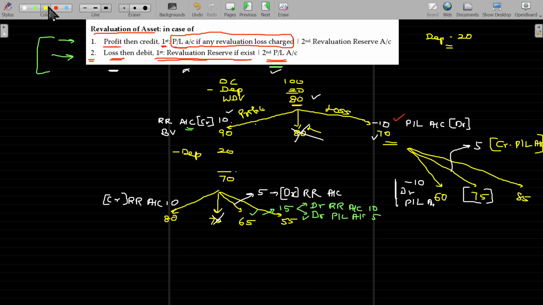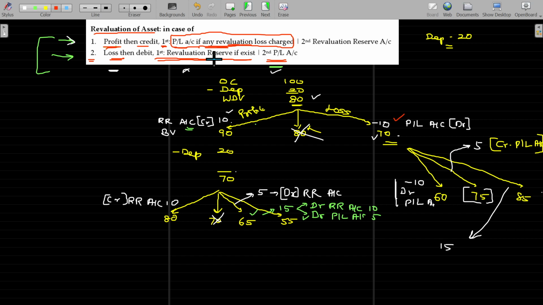Then, if it is being 85, how much is the gain in this case? It was 70, but today it's worth rupees 85. So the gain being 15. When there is a gain, go for applying this rule. When there is a gain, profit, then credit which account? First, the profit and loss account if any revaluation loss was charged for that asset.